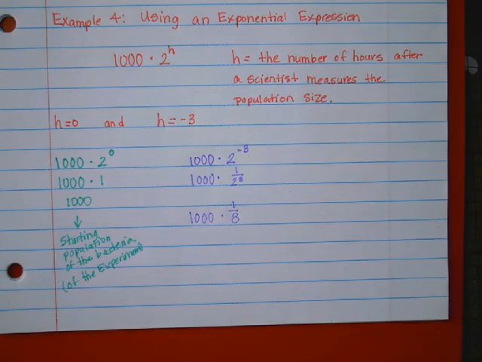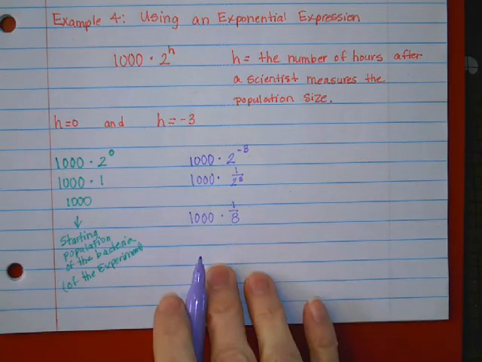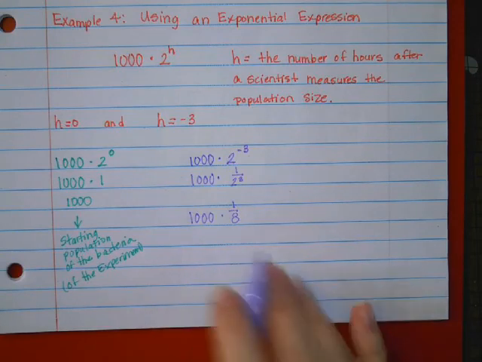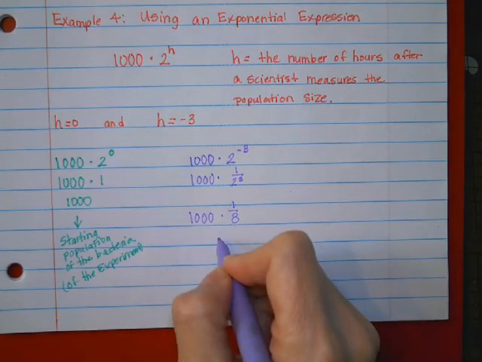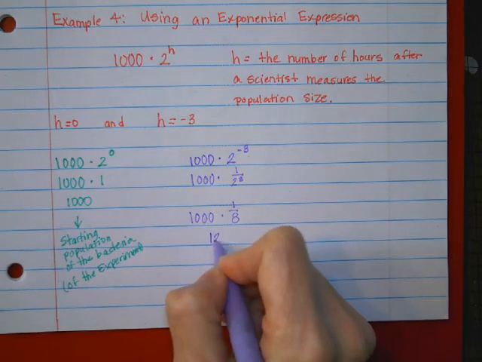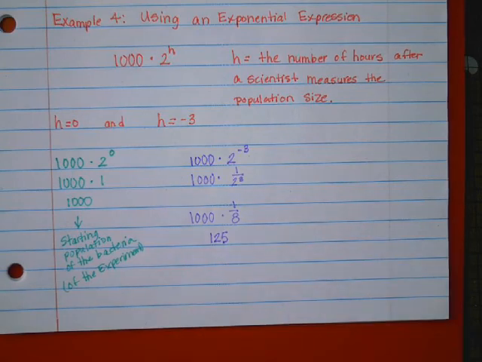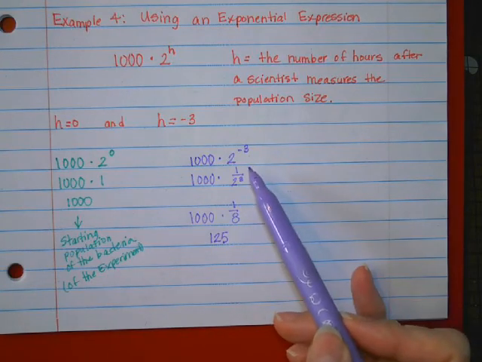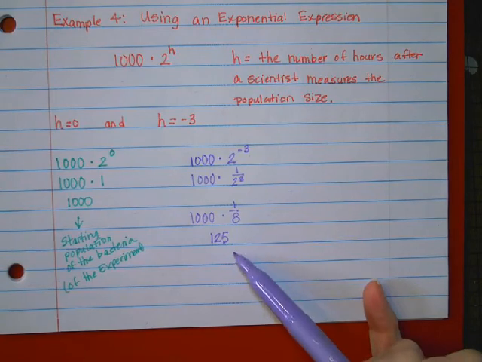So now we've got to multiply 1,000 times 1/8, and we get what, Miss Mia? All right, you're correct. We get 125. So now, what is that 125? If we look in our book, it's telling us. It says the value of the expression when h equals -3 is 125, which we got.